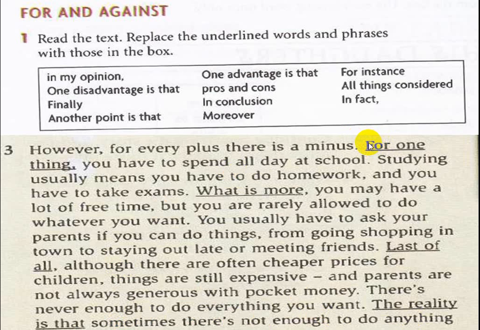So here, the phrase for one thing here means one disadvantage is that. One disadvantage is that. And the phrase what is more means moreover. What is more, here the underlined phrase means moreover.